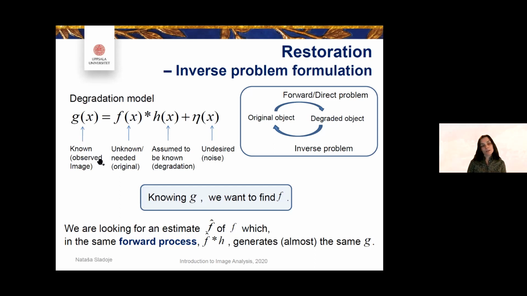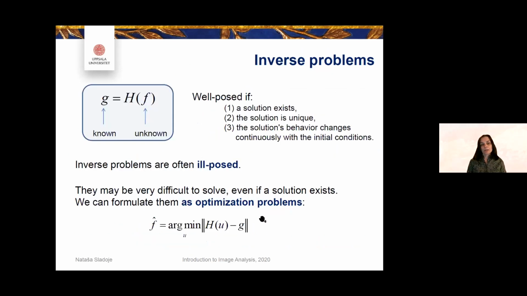Once we find input which leads to the same observed image, or very similar, then we can say that what we have now is a reasonably good estimate of our original image. This is essentially a classic inverse problem that we are trying to solve now. So we know the outcome and we want to know the input.